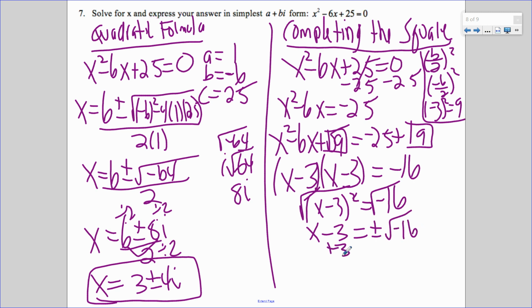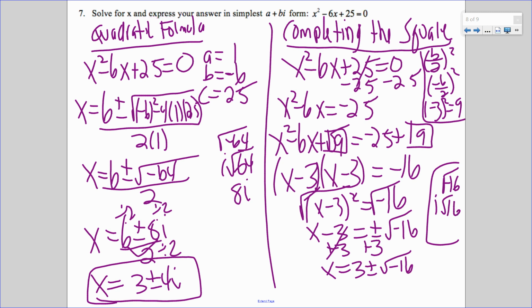Add the 3 to both sides. We get 3 plus or minus radical negative 16. Well, off to the side, radical negative 16 becomes i rad 16, which becomes 4i because 16 is a perfect square. And my answer is 3 plus or minus 4i.